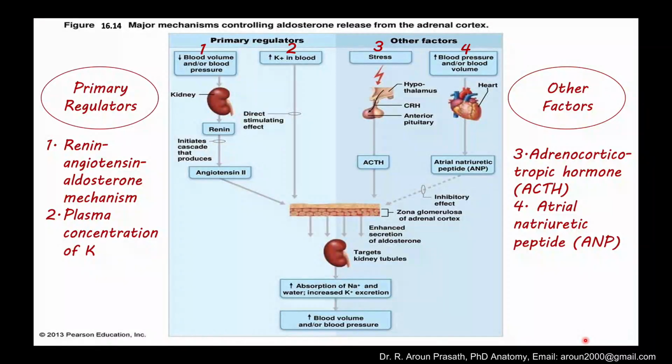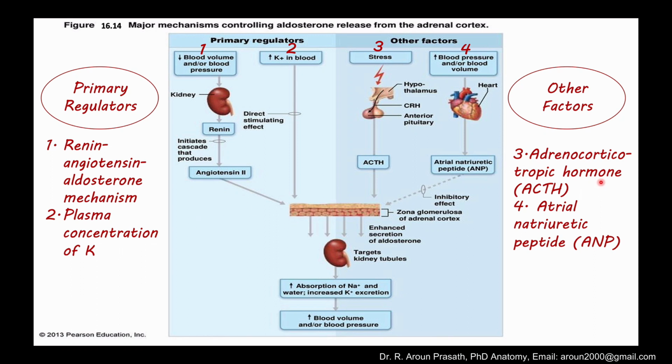Next, you can see the major mechanisms controlling aldosterone release from the adrenal cortex. One is the renin-angiotensin aldosterone mechanism, which you will study in the renal system, the urinary system. Then the plasma concentration of potassium, that is the level of potassium present in the blood plasma, also causes the release of aldosterone.